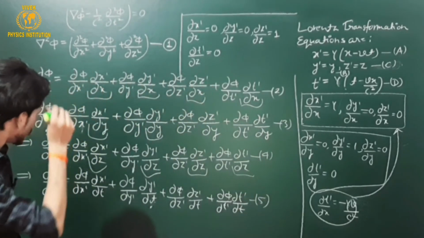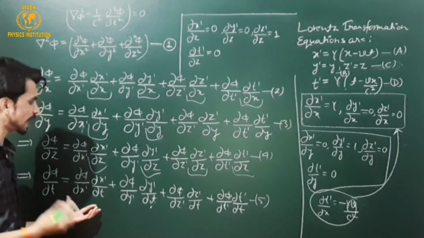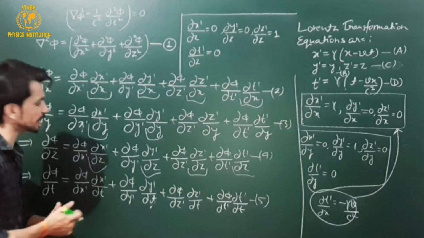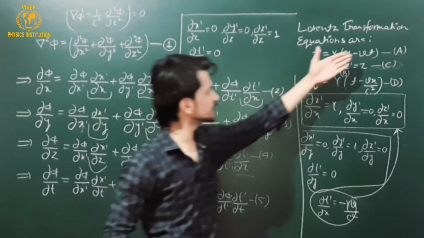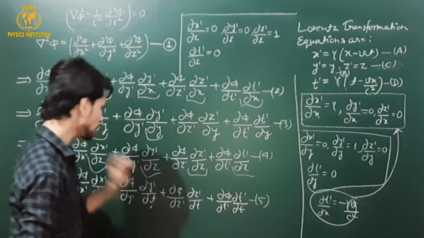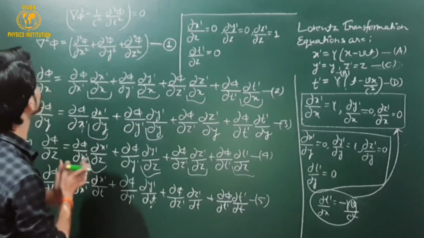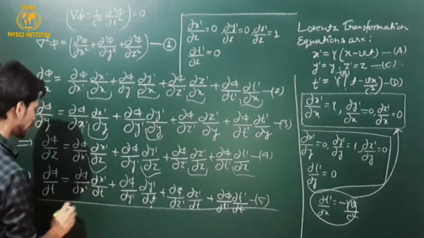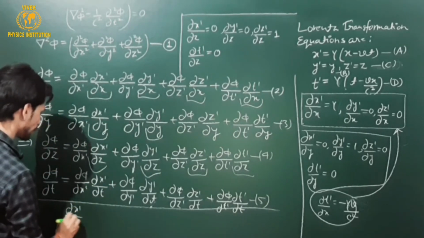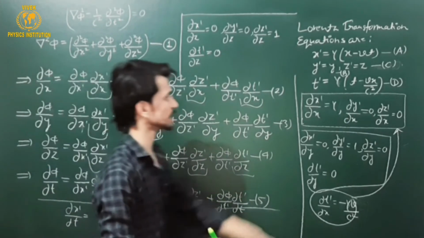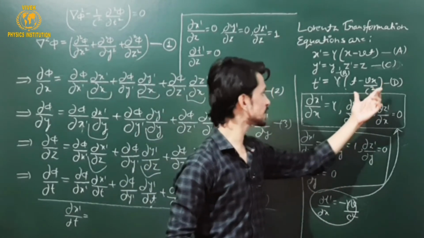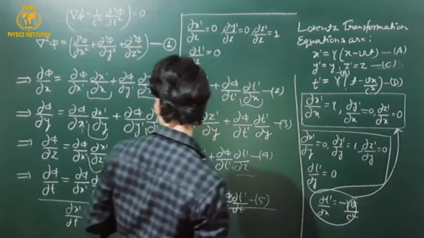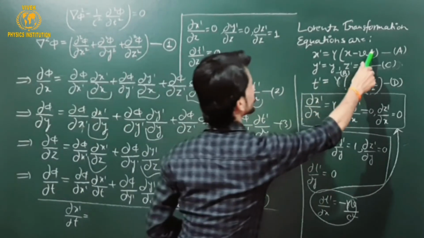Now for equation number 5, I will be finding the value of ∂x'/∂t. It means I will have to differentiate all these 4 equations with respect to t. So I am writing that value here. The value of ∂x'/∂t is nothing but, from this equation, the differentiation of x' with respect to t.